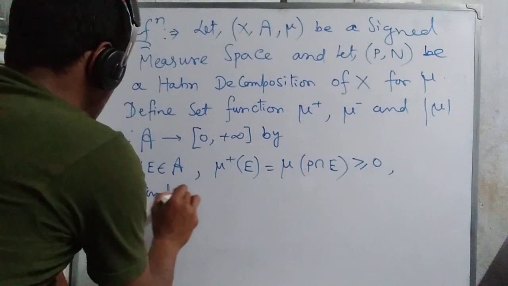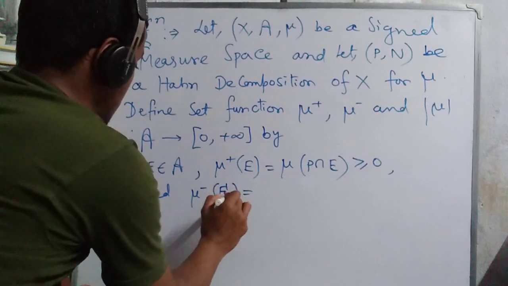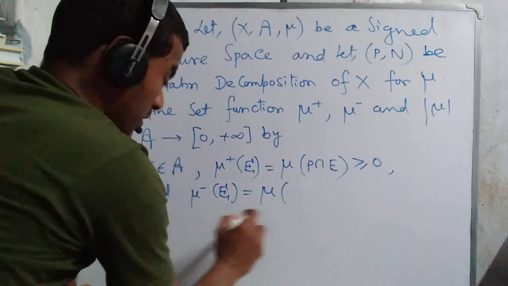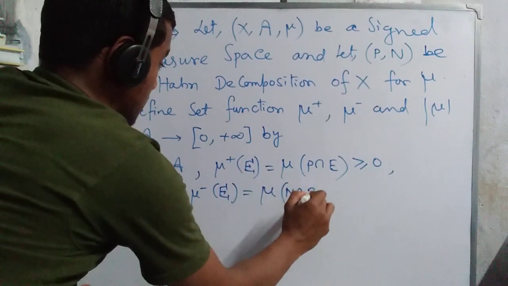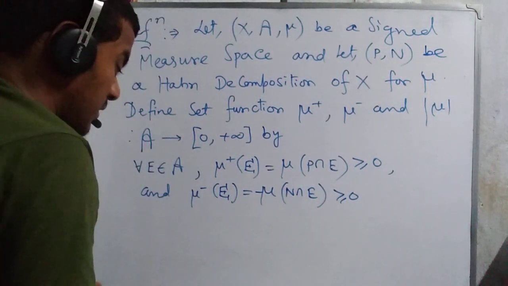Mu minus of E equals the difference, minus mu of N intersection E, which is greater than or equal to 0.